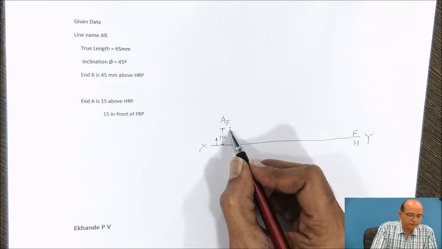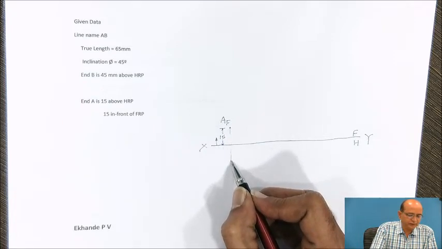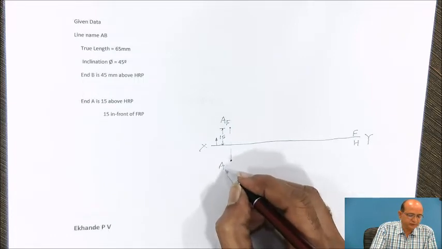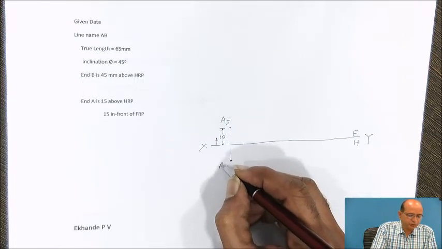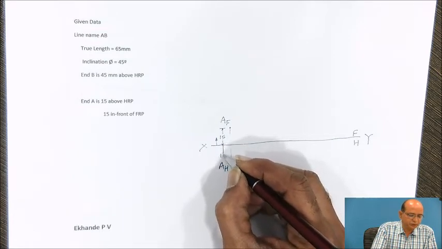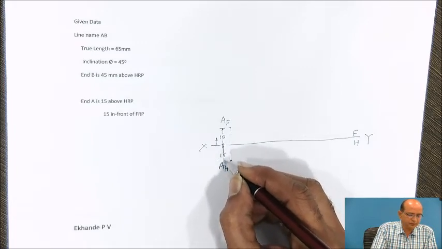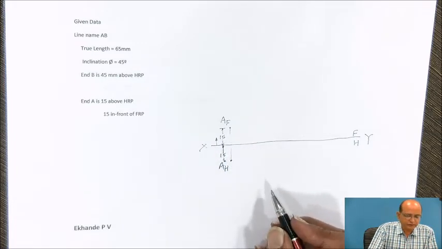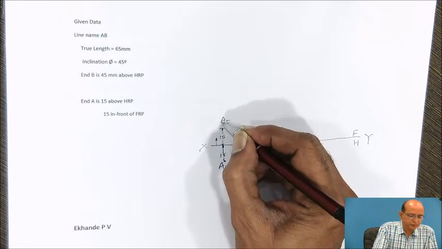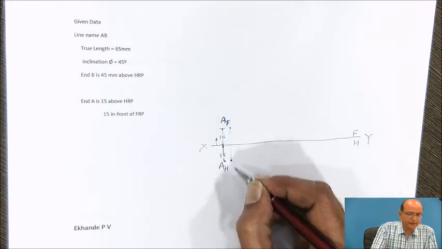Now on the projector of this, we will be locating the point AH. So this point is AH point. So this is also at a distance of 15 millimeter. So this distance is 15 millimeter in front of FRP. So these are the 2 points which we are drawing from the given data as AF and AH.